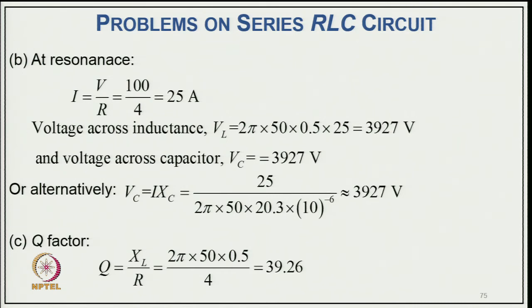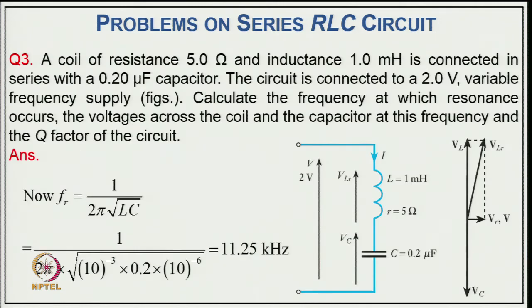Alternately, you can say V C equal to I X C, and that is 25 upon 2 pi into 50 into 20.3 into 10 to the power minus 6. So, that comes 3927 volt approximately. The quality factor here is Q equal to X L upon R, that is 2 pi into 50 into 0.5 by 4. So, this is 39.26, that is responsible for the amplification or magnification of the voltage across the inductor and capacitor.